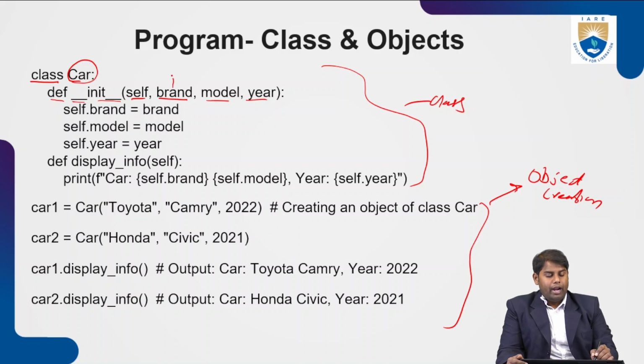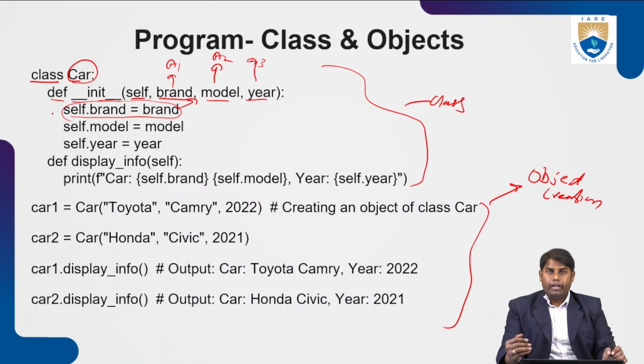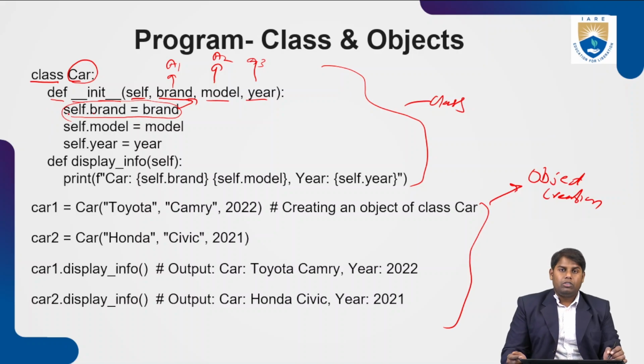Here the brand is attribute 1, let's say A1, this is attribute 2, A2, and attribute 3, A3. If we say self.brand = brand, this parameter belongs to this constructor. In a class you can define multiple constructors, which you can use for various methods also.